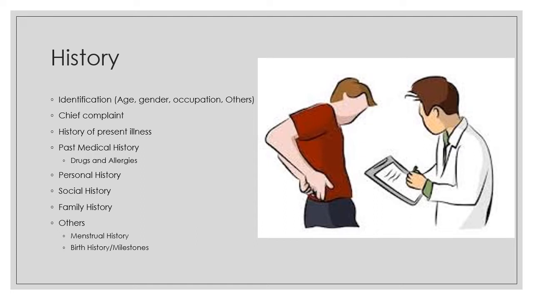Other parts of the history we should also consider are menstrual history in women, and if you're treating pediatric patients, it's also important to note birth history and particularly milestones.